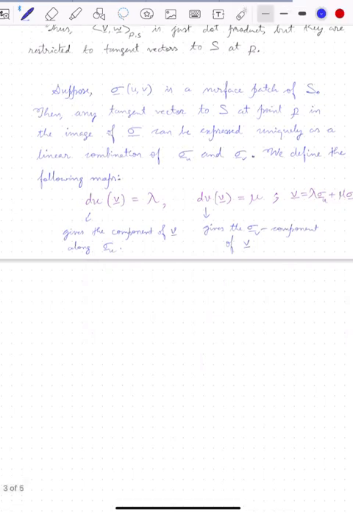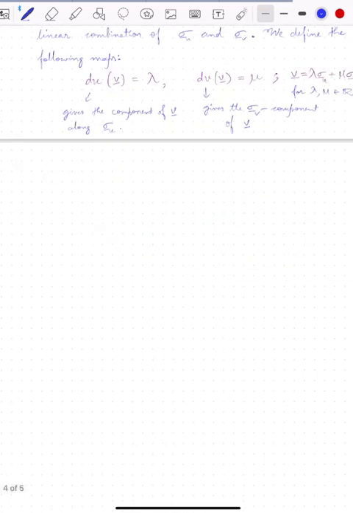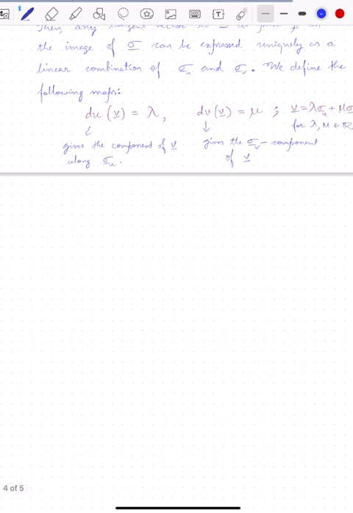Here lambda and mu are both real numbers, and these maps are linear, so I'll just mention that.